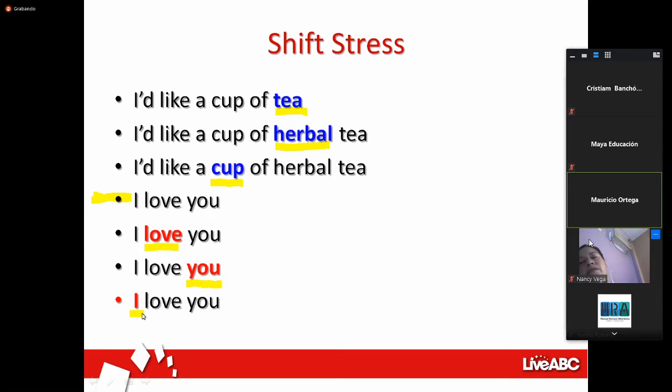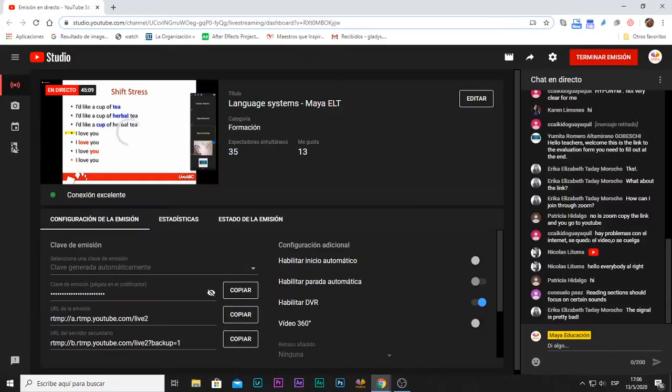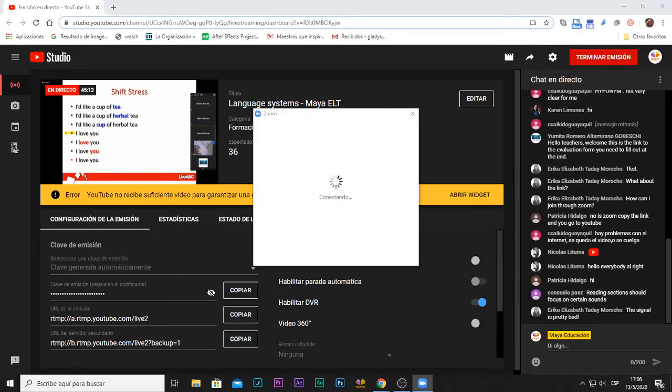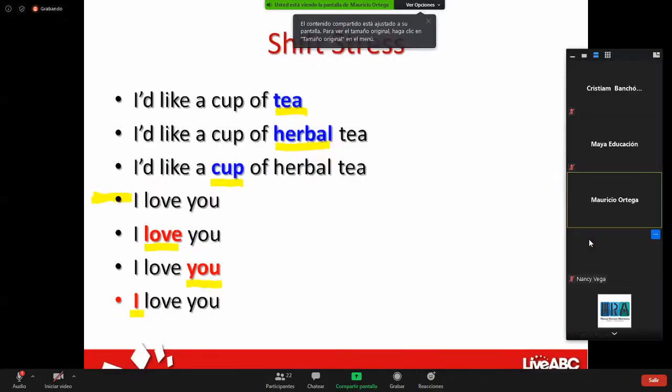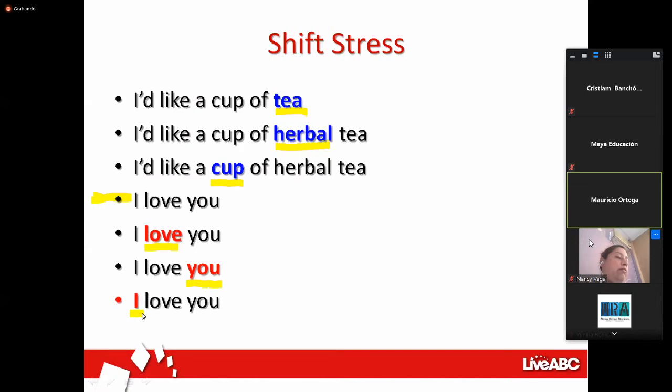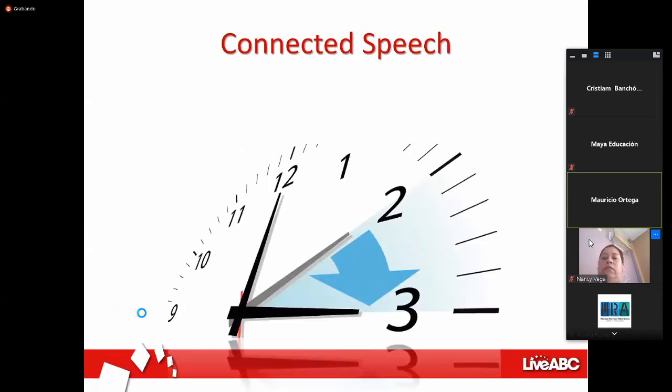Yeah, and understanding that is going to be very useful to them. So, speaking about stress at a sentence, unconnected speech, as I said before, is putting all the sounds together.